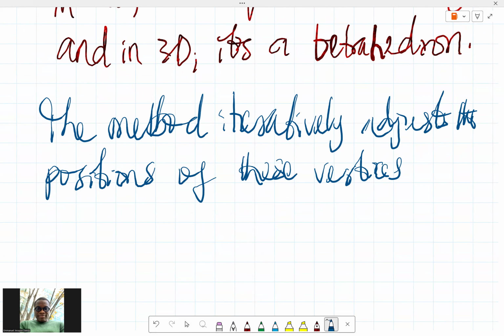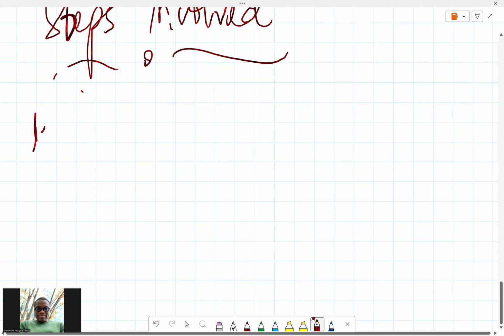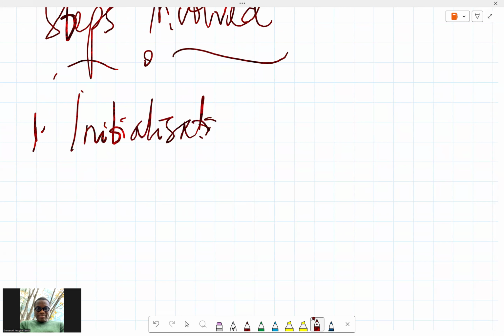Let's look at the steps involved here. The first step is the initialization, as we have in most numerical methods.